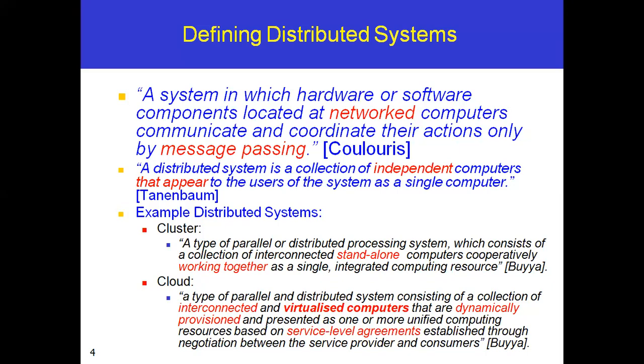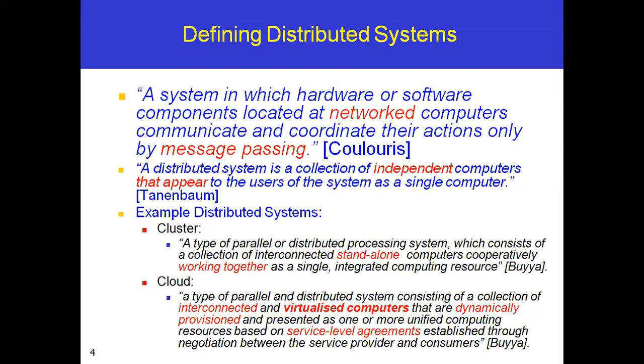You will be able to see on the screen: a system in which hardware or software components are located at networked computers. Networked means those are connected. The software or hardware components are connected, and they communicate and coordinate their actions by using message passing.